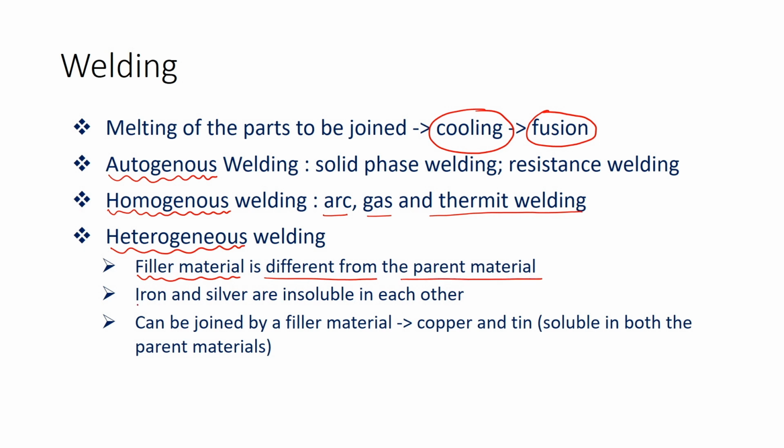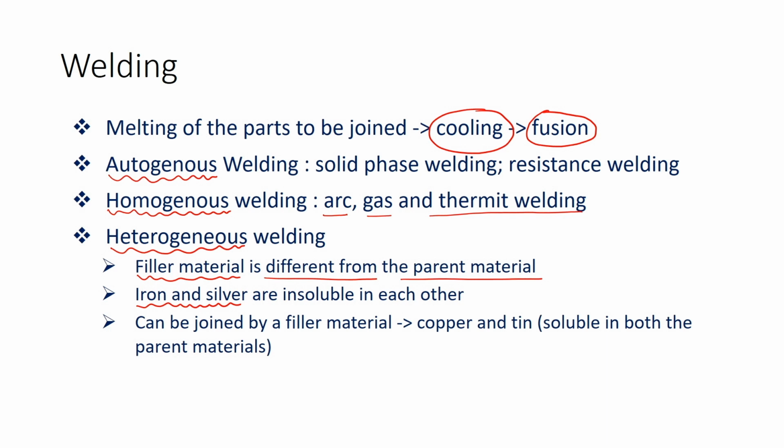The situation may occur when we are trying to join two different materials such as iron and silver, which are not soluble in each other, they are insoluble in each other, but we need to join them. So, to join such insoluble materials, we have to use a filler material.